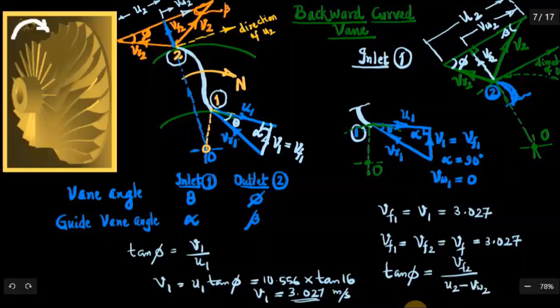If you use this relation, you know the value of U2 and tan phi. Phi is equal to 40 degree, VF2 is equal to 3.027 meter per second, and U2 is equal to 21.112 meter per second. The only unknown is VW2.